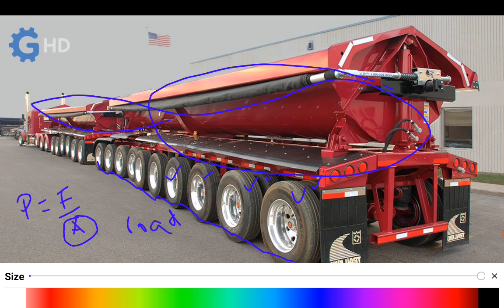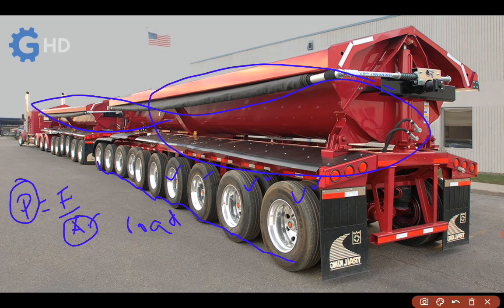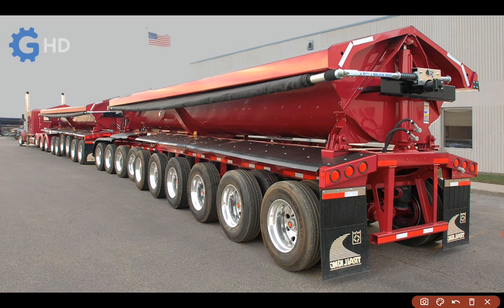So when the number of tires increases, the area of contact becomes high. Therefore, you are dividing a very big area into the constant force. Therefore, the result is less pressure. And this, in the process, will reduce damage to the road. Very, very important to note that. Right? I hope we are together on this. All right.